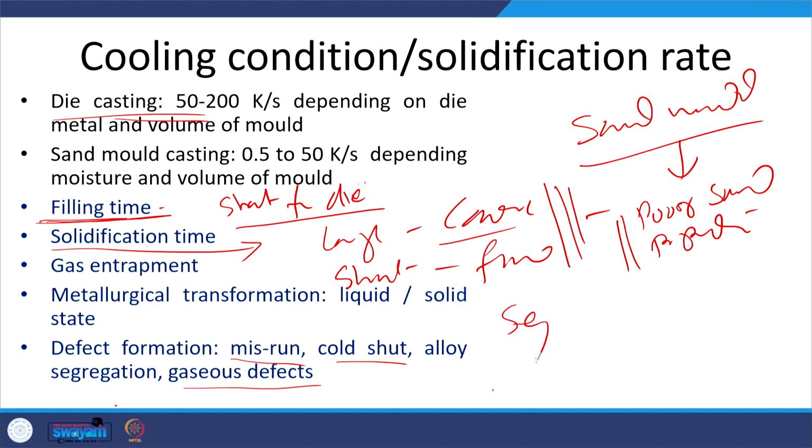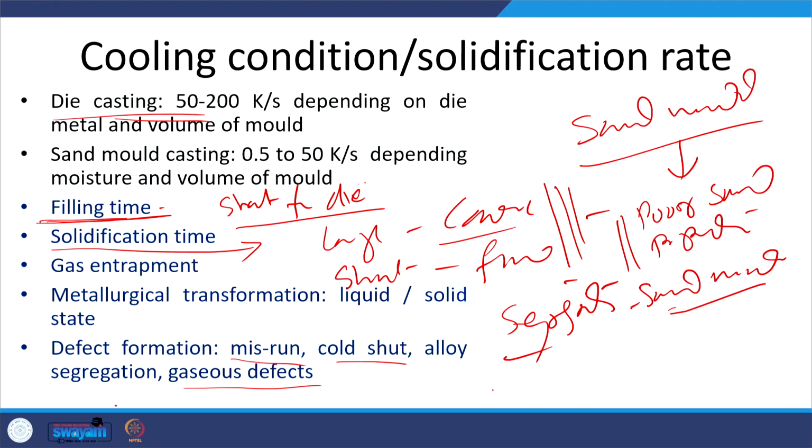But segregation is one defect which is significant in case of sand mold casting. Why? Because the solidification time is long. Whatever impurities are there will be rejected into the molten metal during solidification, and the alloy segregation tendency will also increase because of this slow cooling rate.